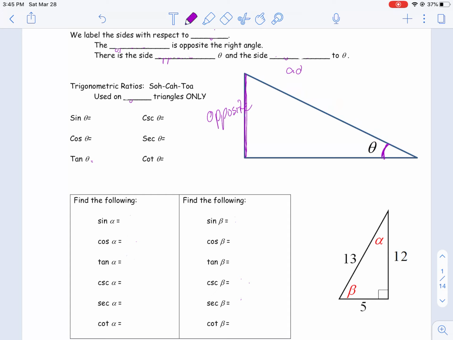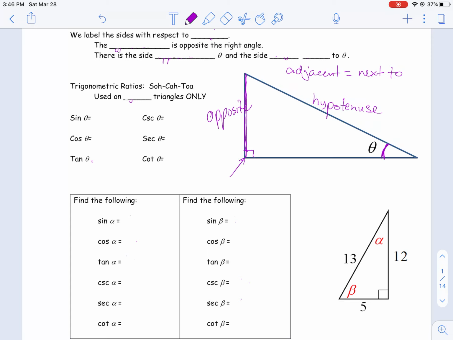Now, since they're both adjacent, we solve this problem by talking about the hypotenuse. If you watched the Pythagorean theorem video, you remember the hypotenuse is the longest side, and it's the side opposite of this 90-degree angle.